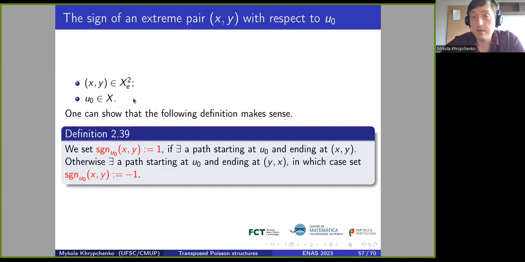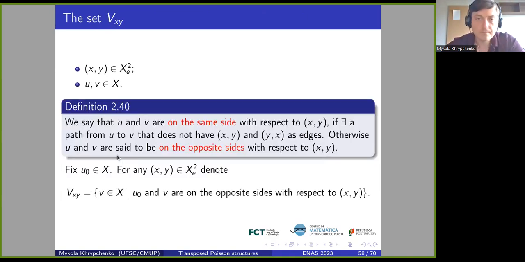Otherwise, I can show that there is a path starting at u0 and ending at yx in the opposite direction. So there are only two alternatives: either you have a path starting at u0 ending at xy, or you have a path starting at u0 ending at yx. In the first case, the sign is 1. In the second case, the sign is -1. I just write it this way to use it in the formula.